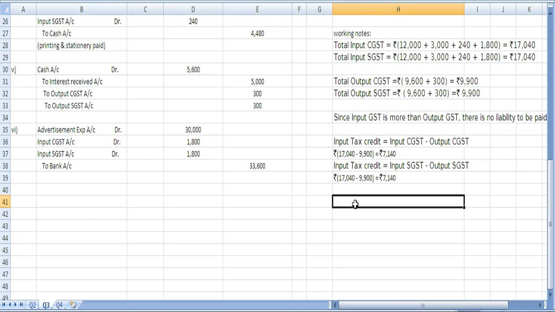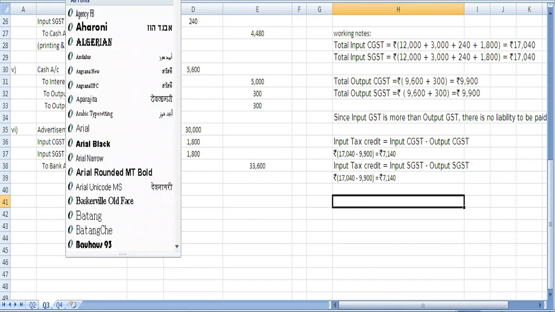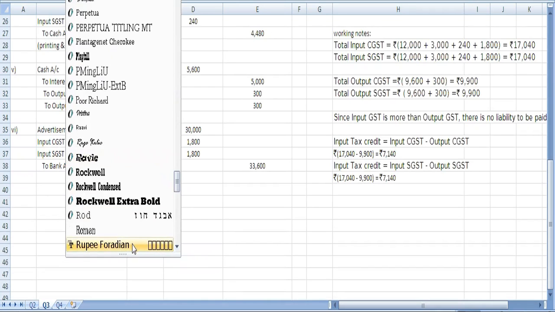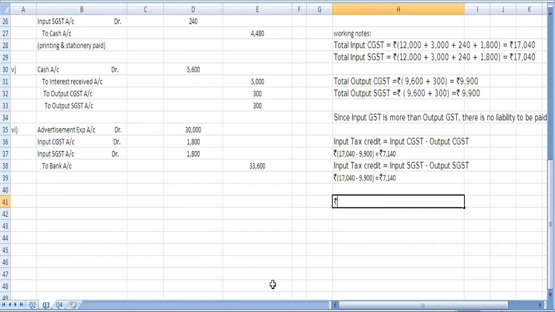Now here we will write down rupees 14280, that is your rupees 7140 plus rupees 7140.